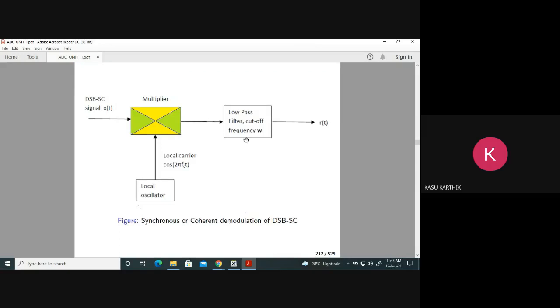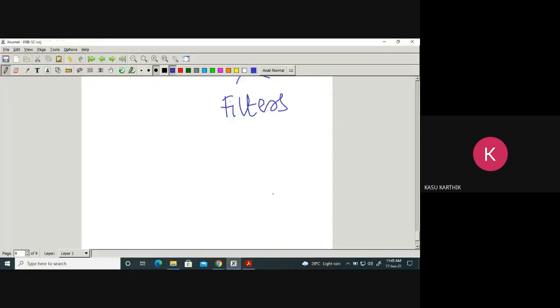Now this is a demodulator. So we are getting x of t, the transmitted signal or modulated signal. Again that is multiplied with the same carrier, and the result will be passed through a low pass filter. You get r of t. Let me take a simple sketch here.